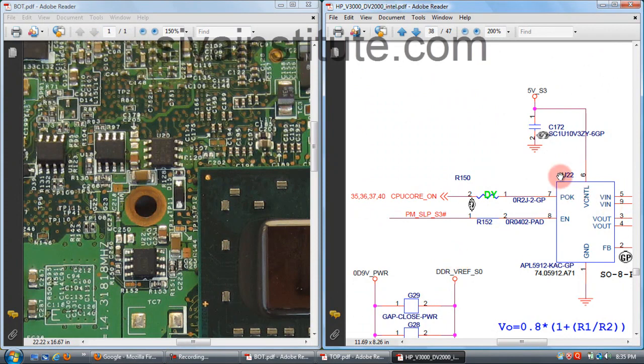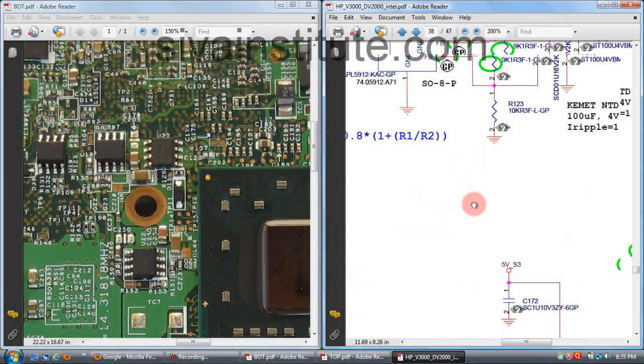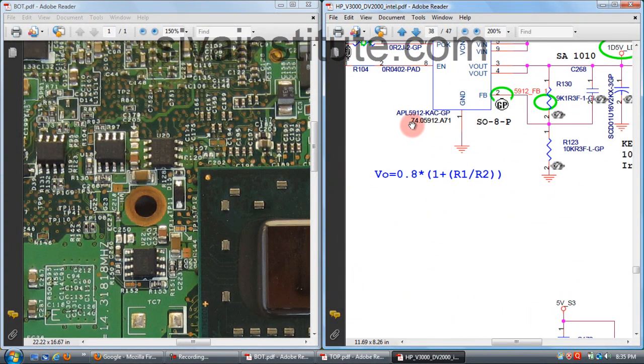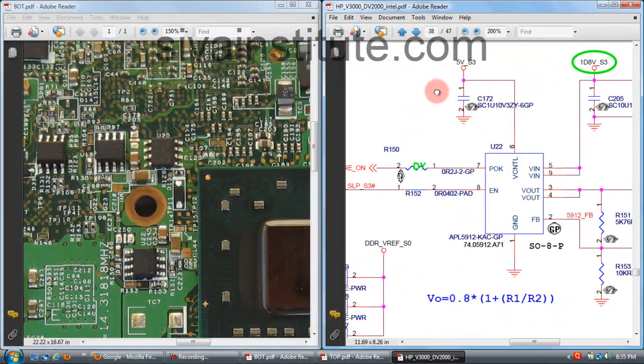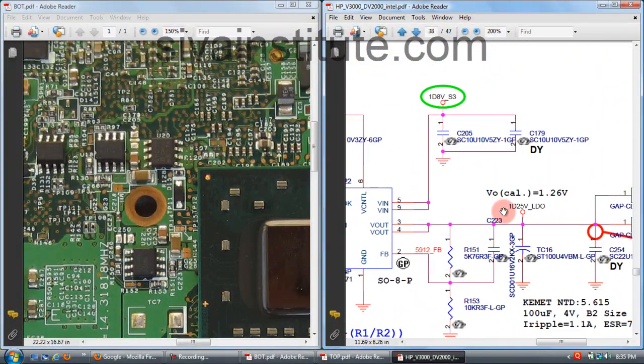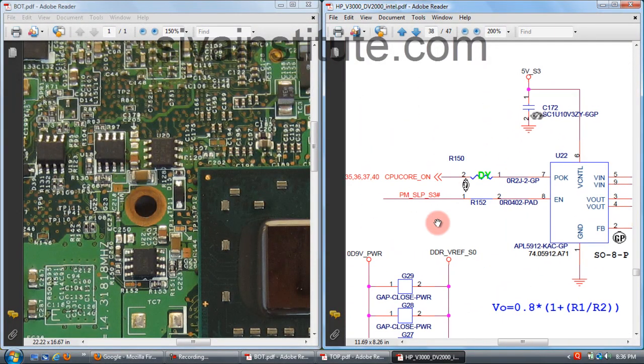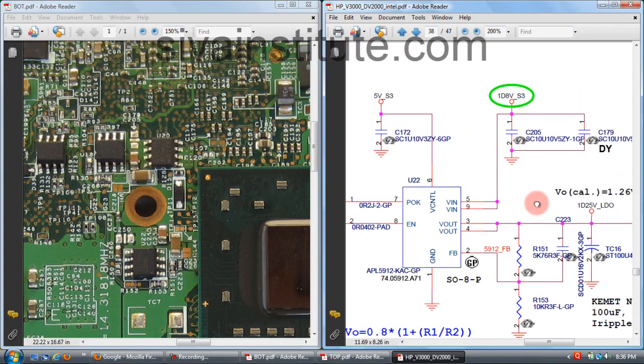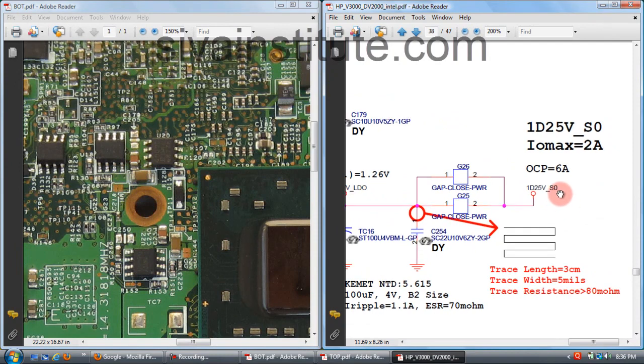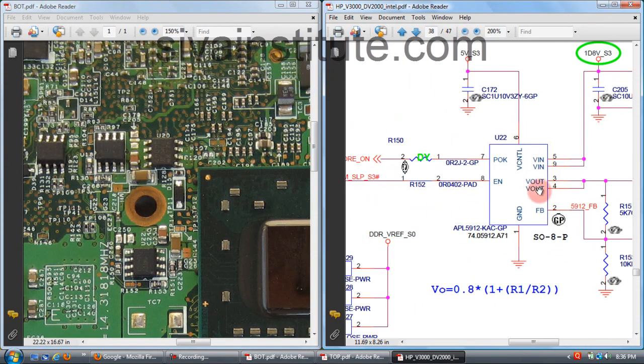See here, this is U22, same IC, 5912, but this is 1.25 volts regulator IC. See here, SLP S3 command comes to pin number 8.